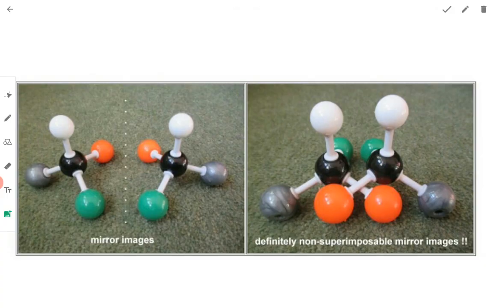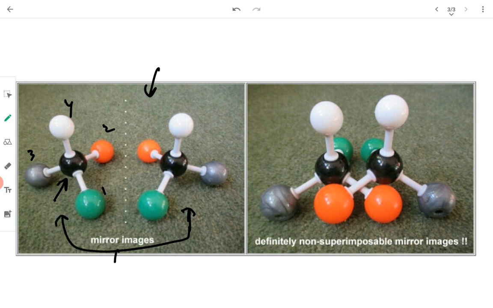Here is the perfect example where you can understand this. This is a chiral molecule, right? Because this central carbon is attached to four different groups: 1, 2, 3, 4. And this molecule here is the mirror image of this one. This is a mirror here.